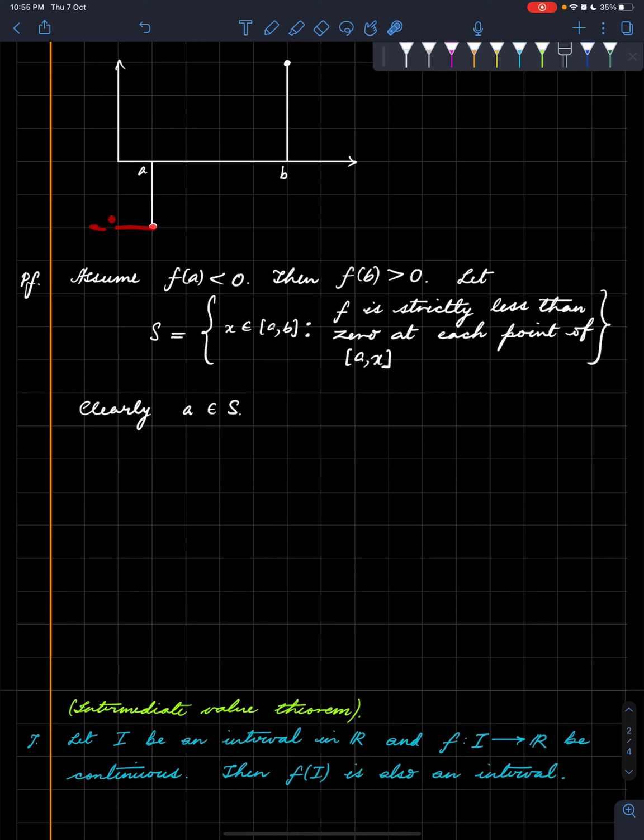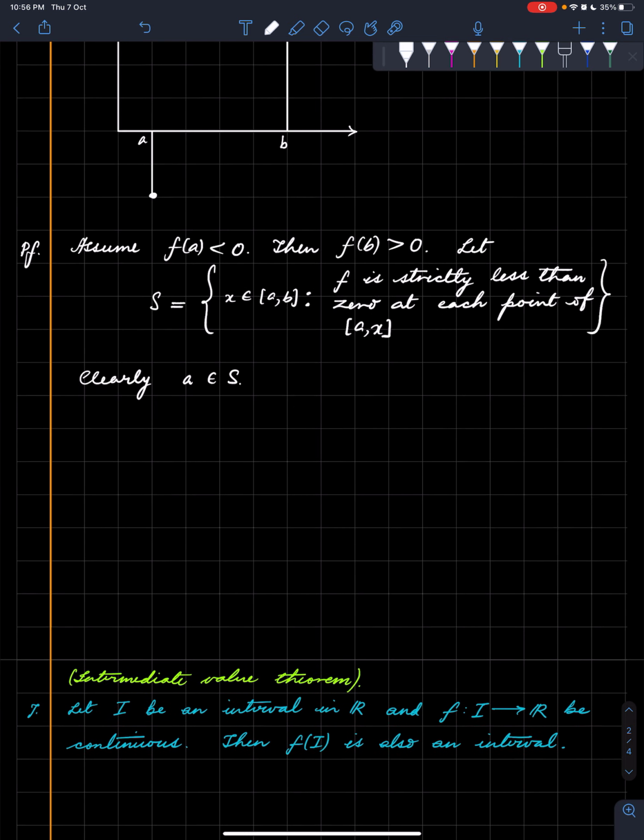Then if you take epsilon equals half, what we know is that there is a delta for which all the points between a and a plus delta are mapped less than half distance away from this point. So all of these points will be in this tube, and hence they will all be negative.